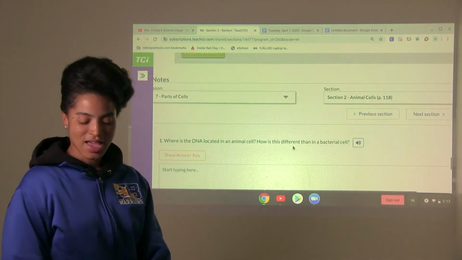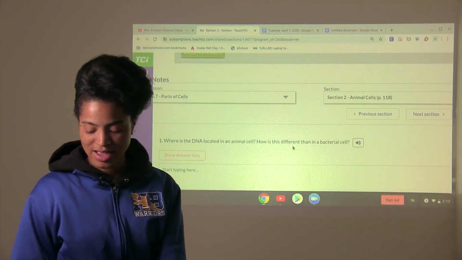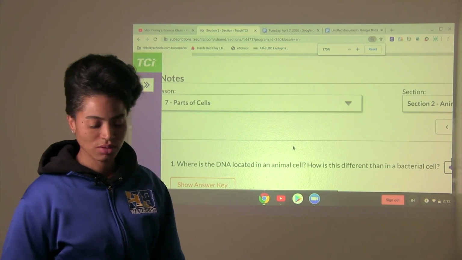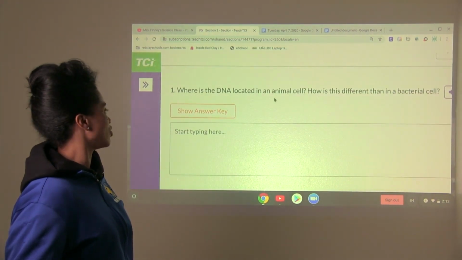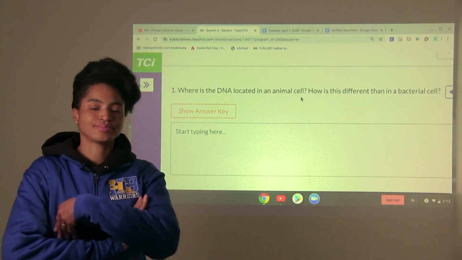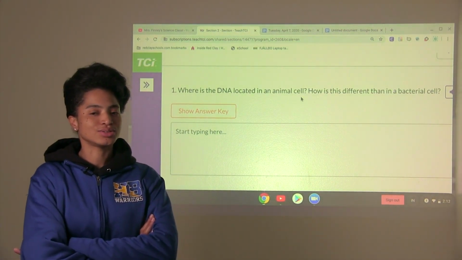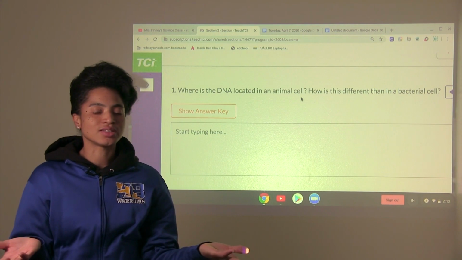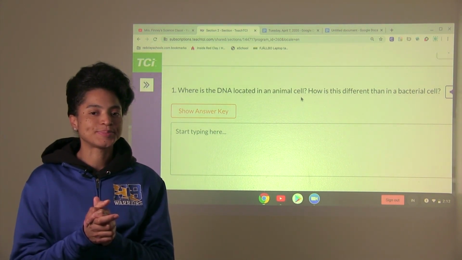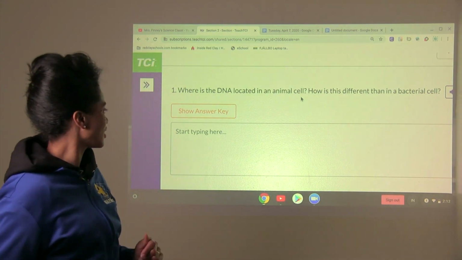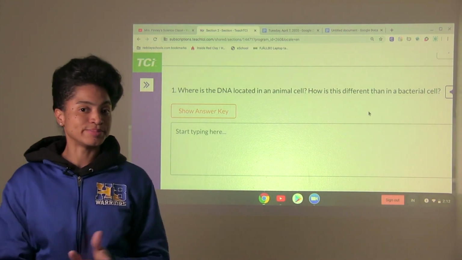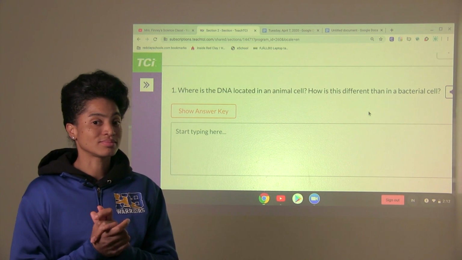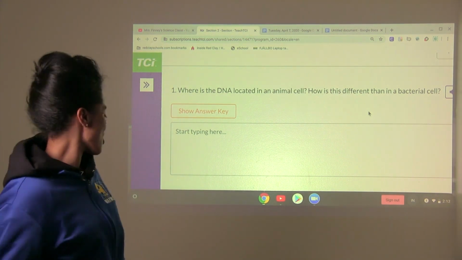Let's look here. In your TCI program, Lesson 7, Section 2. All right, you have these questions. Where is the DNA located in an animal cell? I know you know this. Please restate the question in a complete sentence. Okay? How is this different than in a bacterial cell? All right, well, let's check.